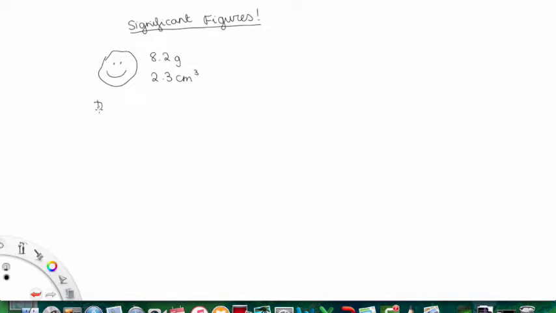Okay, well, we know that density is mass over volume, right? So the mass is 8.2 grams, and the volume is 2.3 centimeters cubed. So right now, I can tell you that this is measured to two significant figures, 8 and 2. This is also measured to two significant figures, 2 and 3.